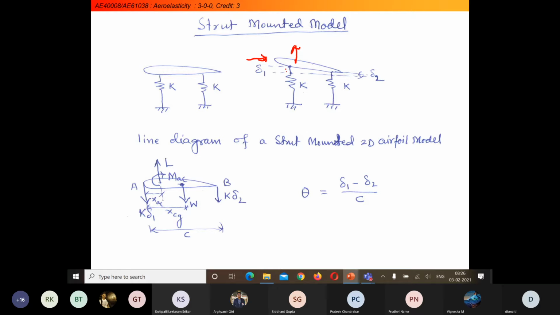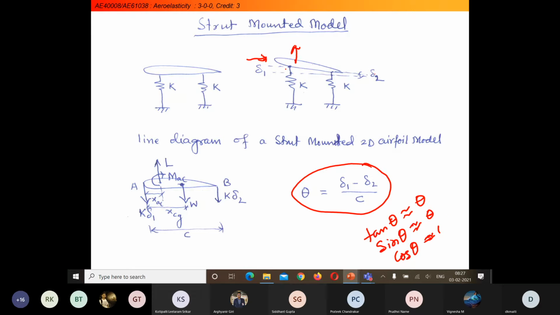At this point the deflection is delta 1, at this point delta 2, and theta can be calculated using the relation delta 1 minus delta 2 by C. Basically, the basic assumption we usually take here is that tan theta is approximately equal to theta, and sine theta is also approximately equal to theta. For a small angle of deformation, cos theta is 1.